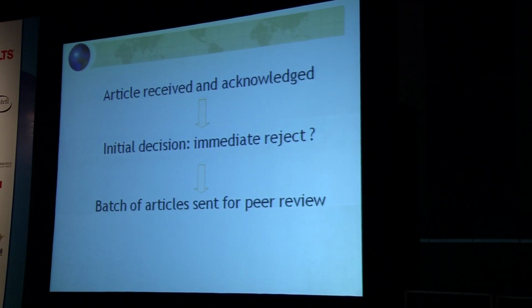I've received papers on literature, which is very interesting, but it's not what ELT Journal does. ELT Journal has a word limit of 4,000 words for an article. I've received papers of 7,000 words. We can't publish those. We have a limit of 15 references per article. I've had papers received with 30 references. We can't publish those. So those sorts of papers which just don't fit our criteria, they have an immediate rejection.